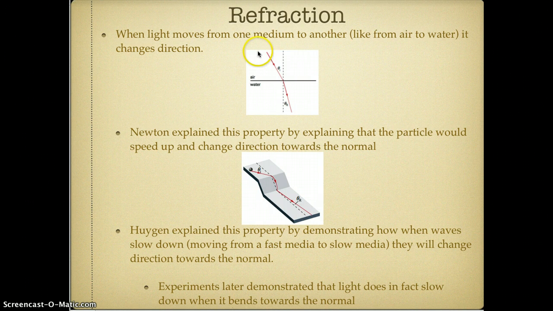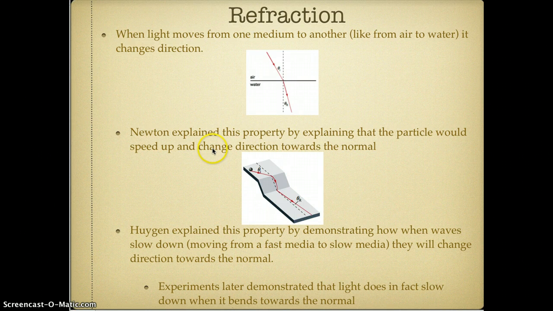He said, imagine it like a marble going down a ramp, and if it speeds up, it's going to bend towards the center. Now with waves, that's also possible, but the wave has to slow down and it will refract.